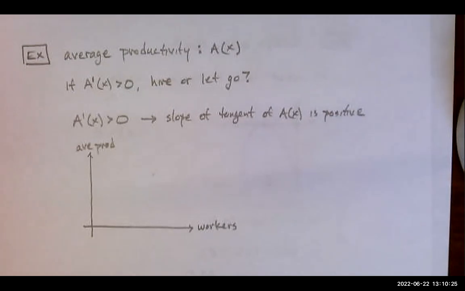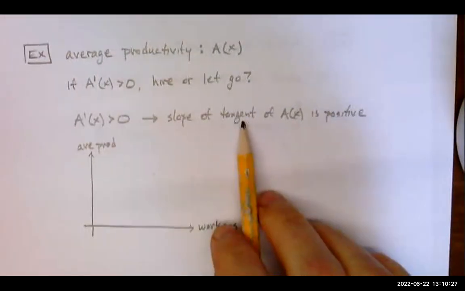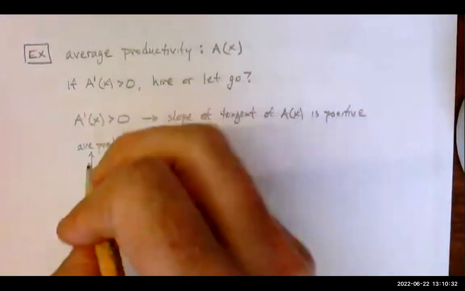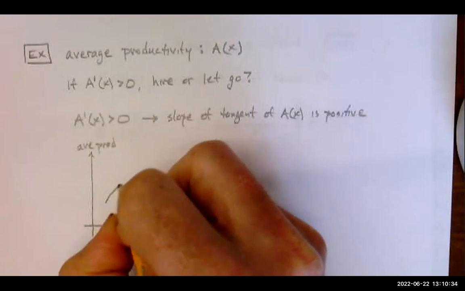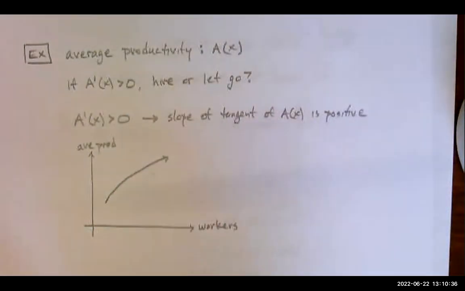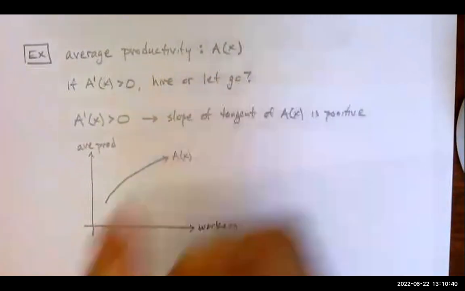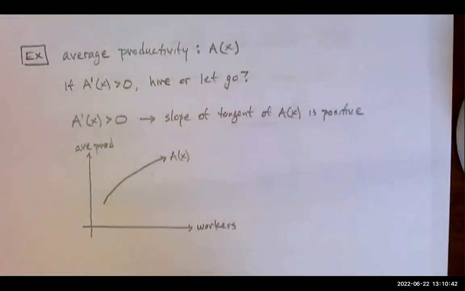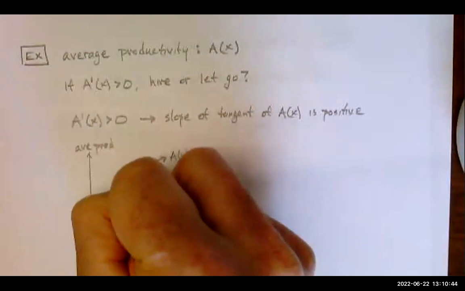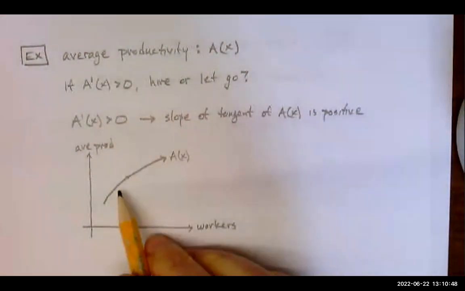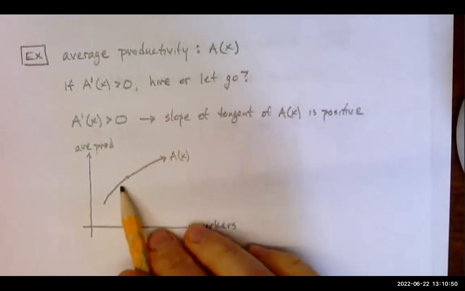We're told that the slope of the tangent line of A of x is positive, so it's increasing. It's going up. Maybe here's where x occurs. The slope of that tangent line is positive, so it's got to be going up.